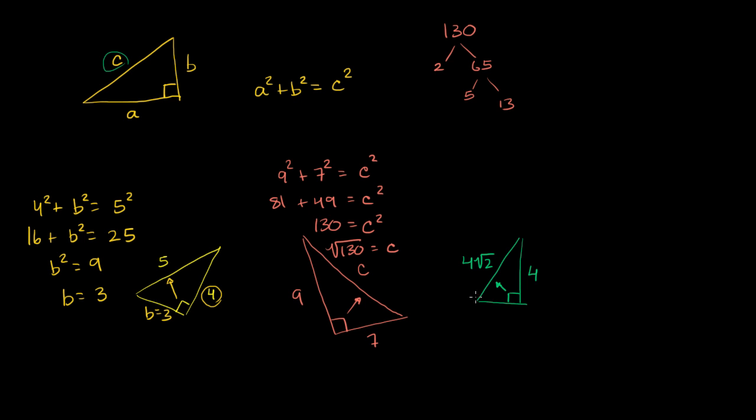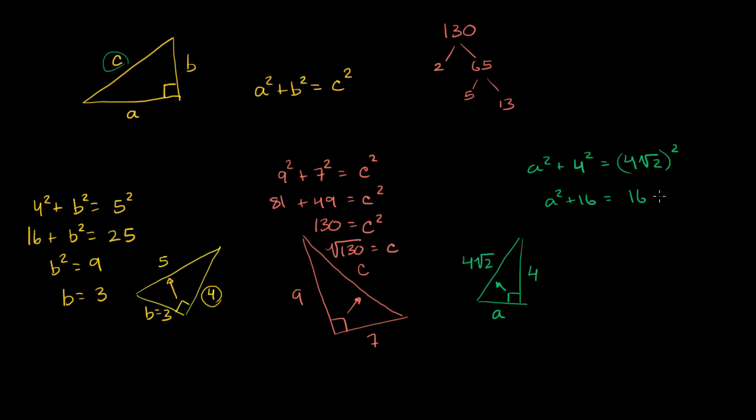And that's going to be equal to this leg squared plus this leg squared is going to be equal to the hypotenuse squared. So let's just call this a. We could call it a or b or x or whatever we want to call it. But we can write a squared plus 4 squared is equal to 4 square roots of 2 squared. And so you have a squared plus 16 is equal to 4 squared is 16, times 2, right?